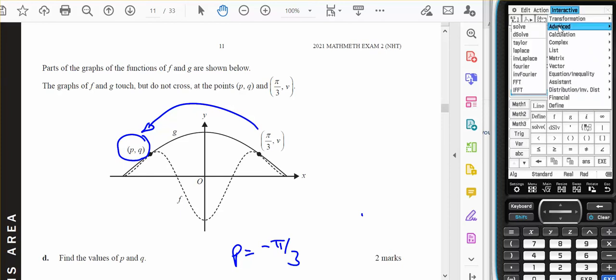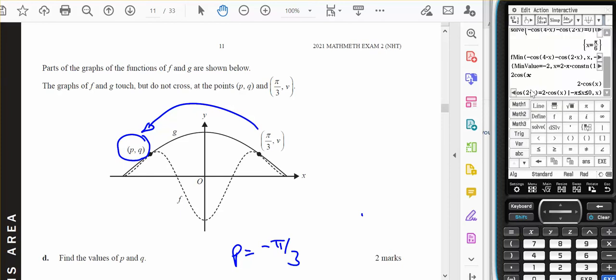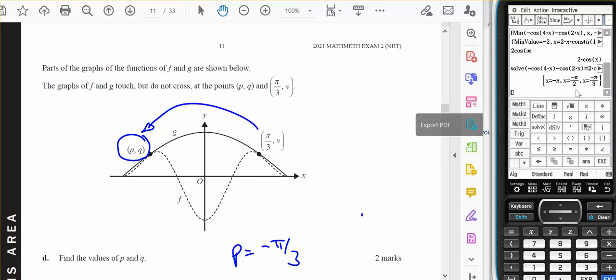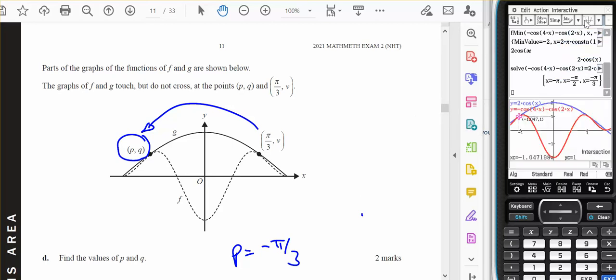So interactive, advanced, solve for x, okay, and I get minus pi on 2 and minus pi on 3.